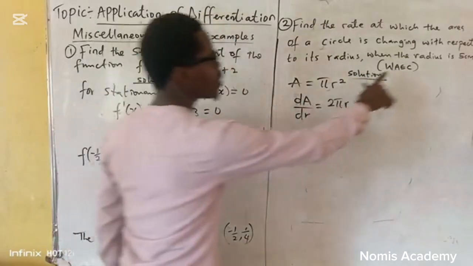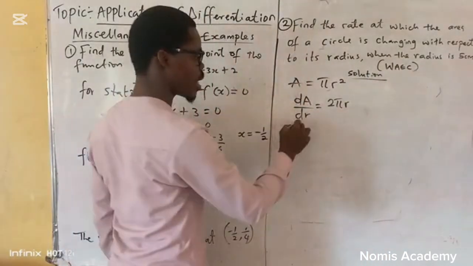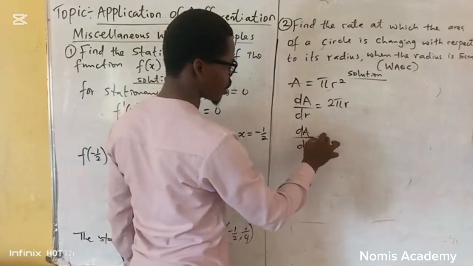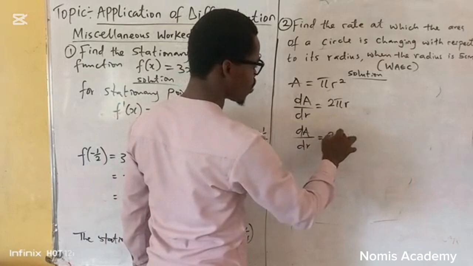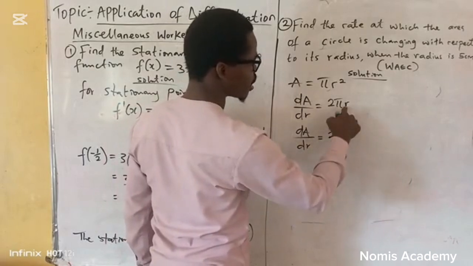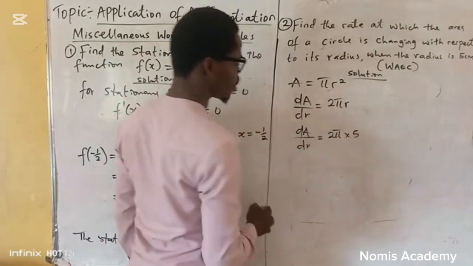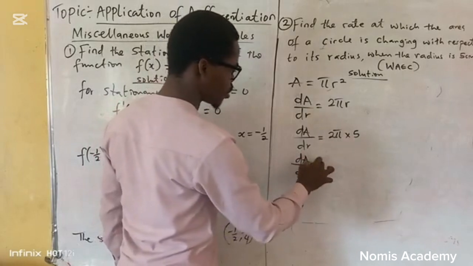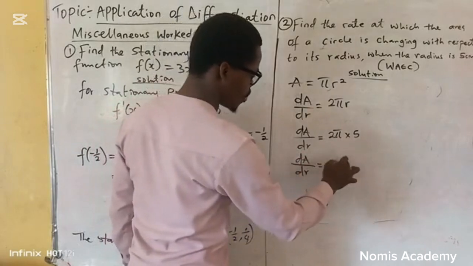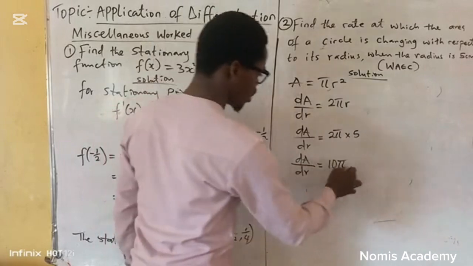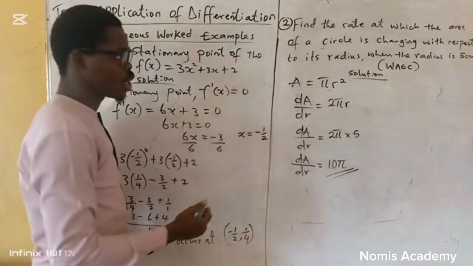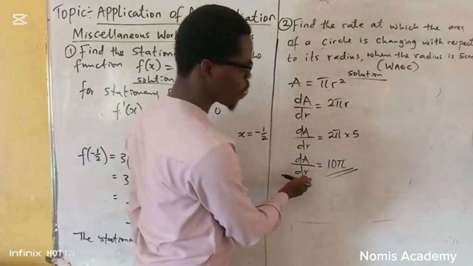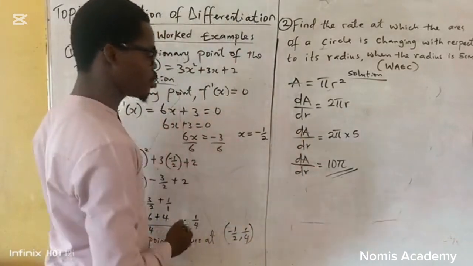Alright. So now when the radius is 5 centimeters, dA over dr is equal to 2 pi times r, where r is 5. So we have our dA over dr to be 10 pi. So this is the rate of change of area with radius. Alright? So this is the solution.